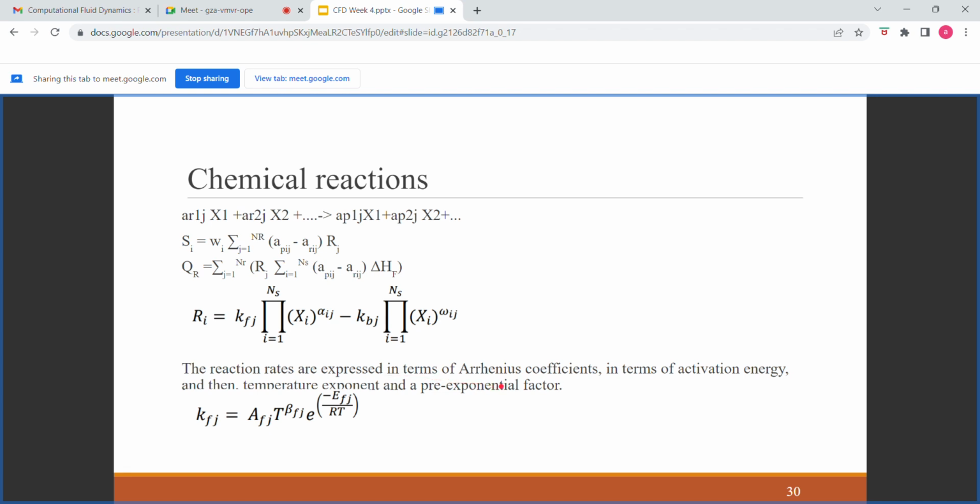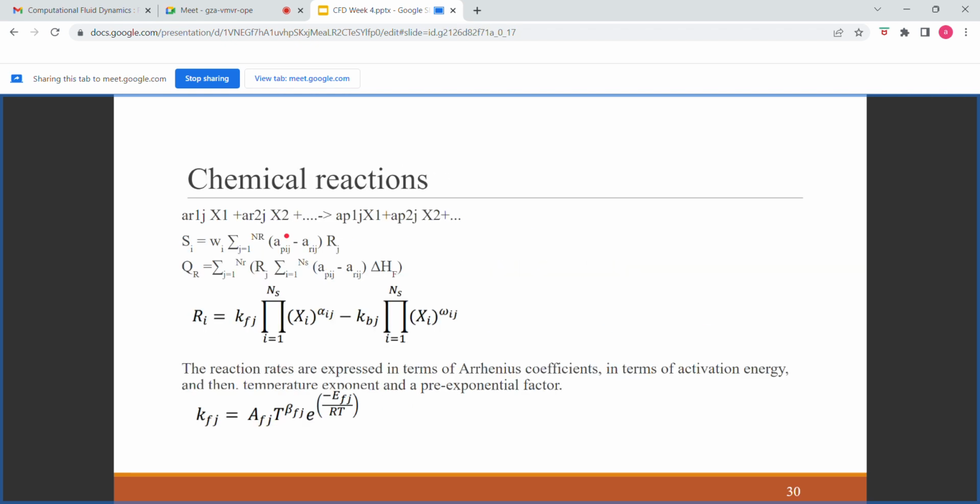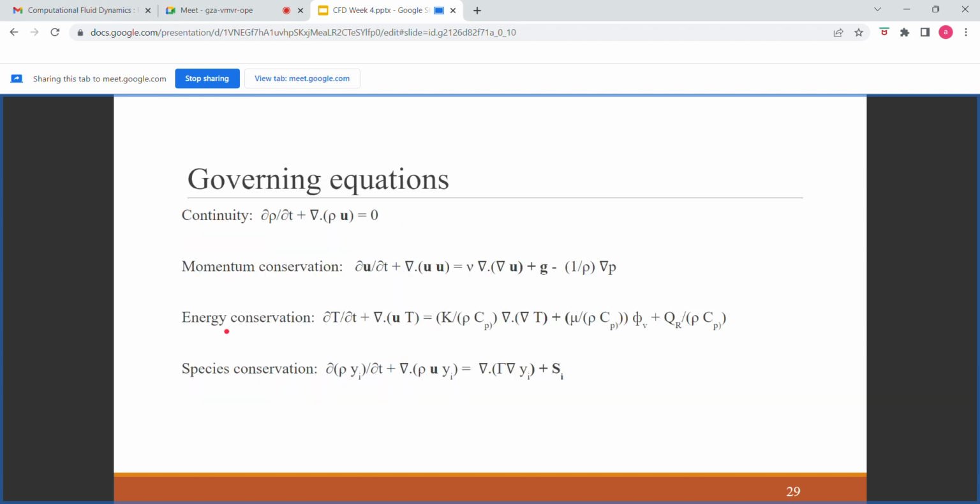So basically what can be understood from this is that the rate of formation of the species has the rate of reaction, and also the rate of heat generation in the system has the rate of reaction. Si appears in the species balance equation and QR appears in the energy conservation equation.